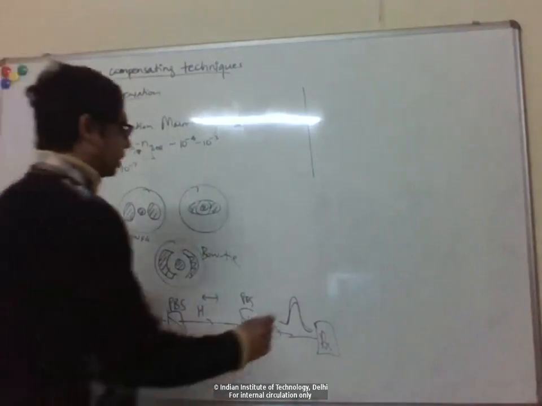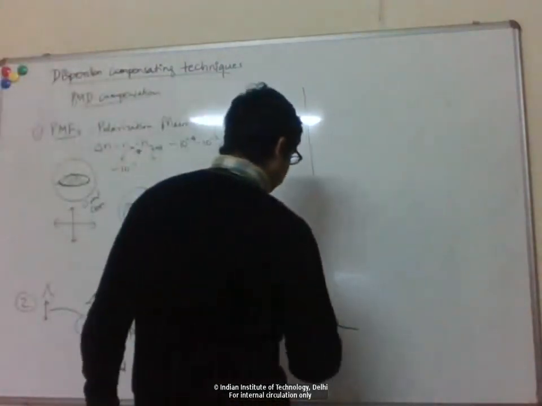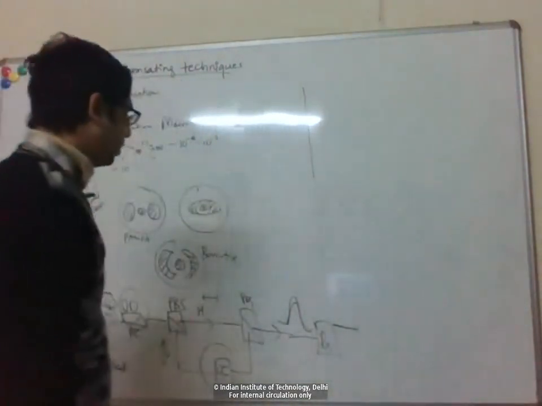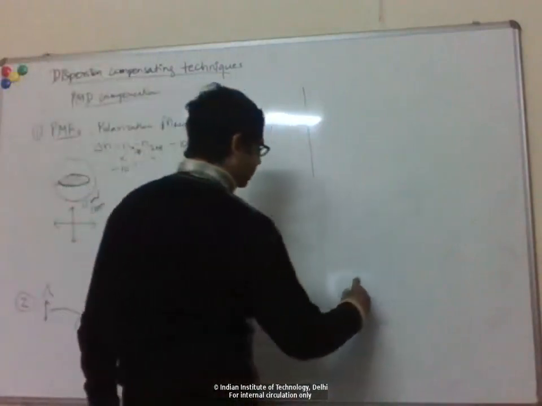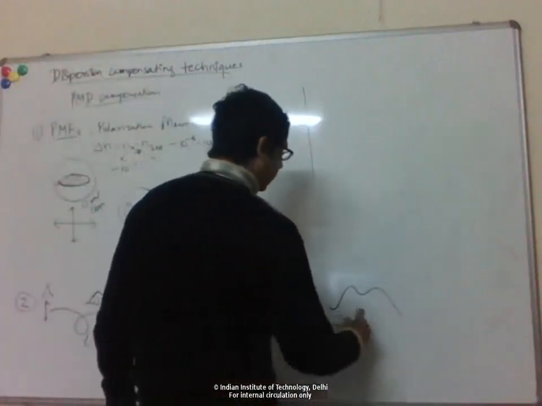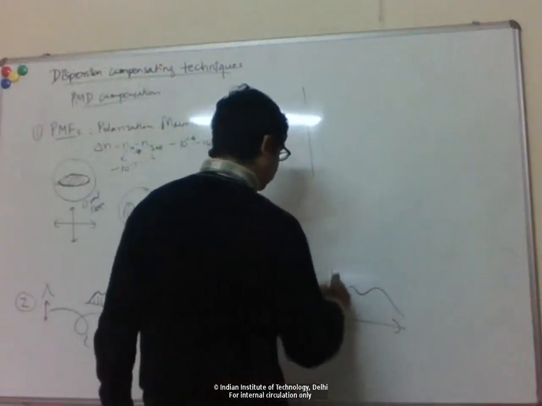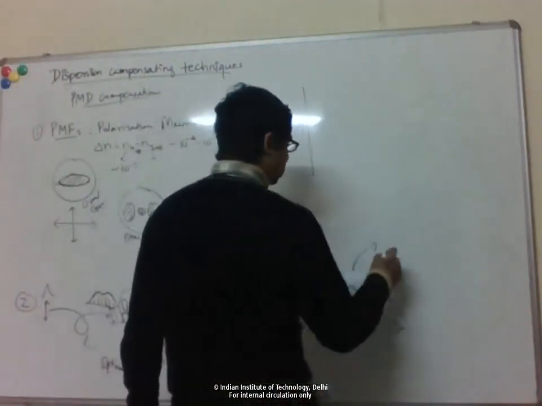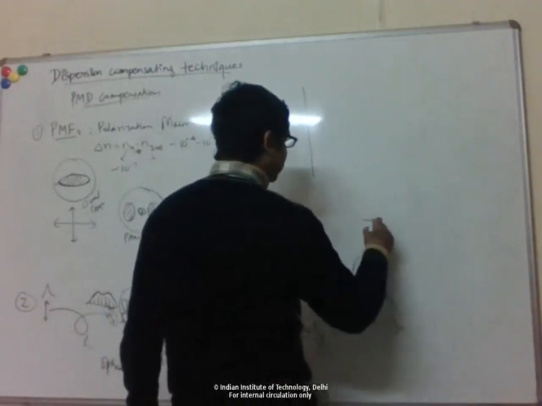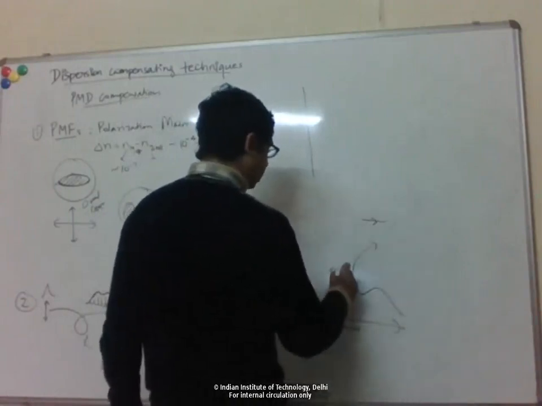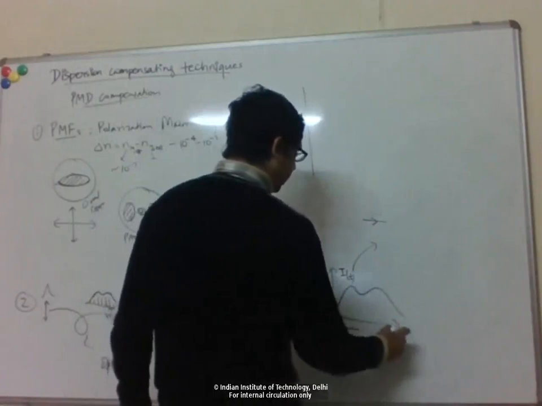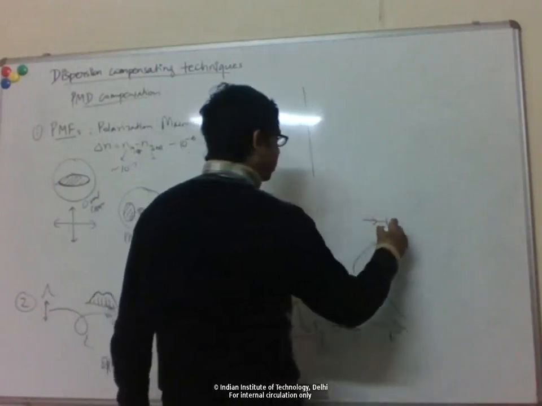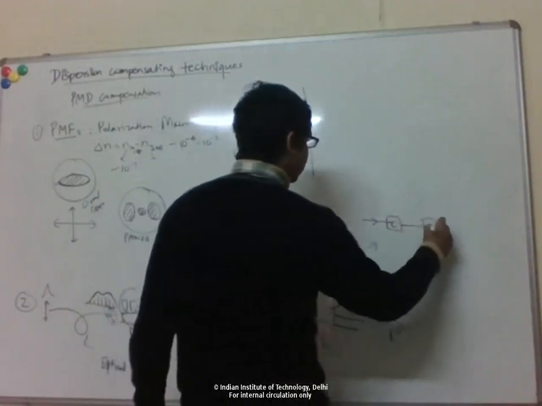And the electrical technique is, once you detect on your photoreceiver, you're getting some electrical signal again, right? And then you try to use some digital signal processing technique. So we send this through some general filter. You now have a current versus time or voltage versus time, and you send it through some tapped delay line.